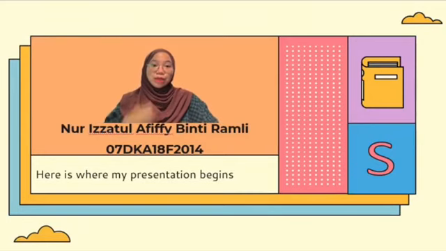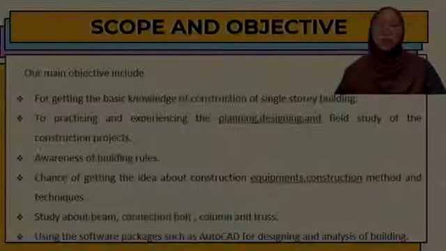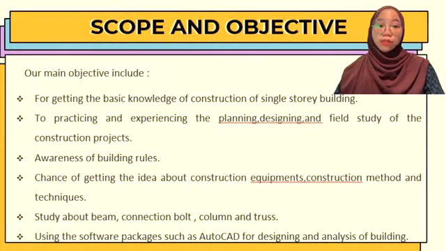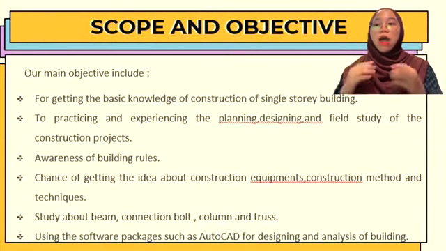Assalamualaikum, my name is Nur Izatul Afifi binti Ramli and my matrix number is 07DKA18F2014. For the scope and objective of the mini project, our main objectives include getting the basic knowledge of construction of a single-story building. Next, practicing and experiencing the planning, designing, and field study of a construction project.